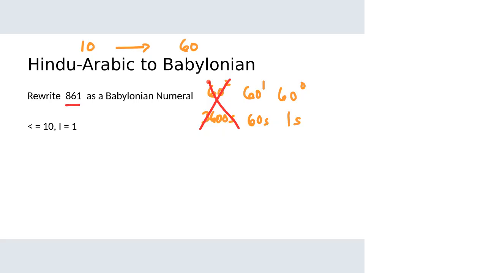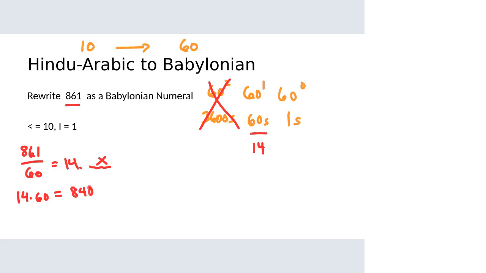The first thing we try to decide is, okay, how many 60s are we going to need? We'll do 861 divided by 60. That's 14 point something. Don't care about the something, but it tells me I'm going to need 14 60s to write this number. Now I need to see how much I've taken care of so far.